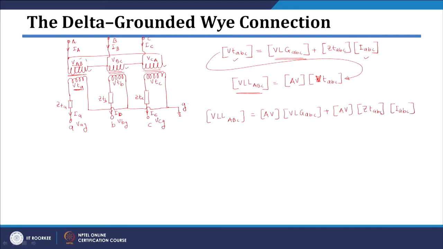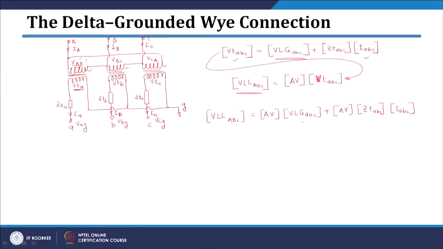Now if you observe this equation, as I told you, whenever we want to get ABCD parameters, there should always be line to neutral voltages and line currents. So this term is actually line to neutral voltage, so we don't have to worry. This term is also line currents, so we don't have to worry.